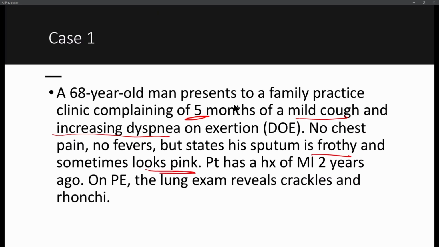History of MI 2 years ago. So the fact that he had an MI 2 years ago means obviously this guy has heart problems. Physical exam, crackles and rhonchi. What does that mean? Fluid. So he's got fluid in the lungs. Okay? And it's getting worse, which means the fluid is probably getting worse as well.